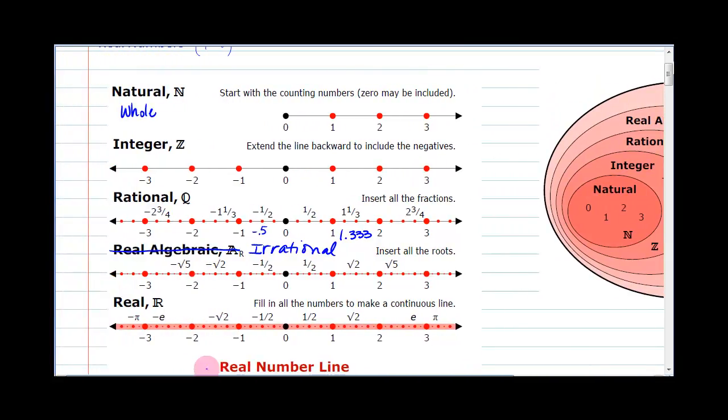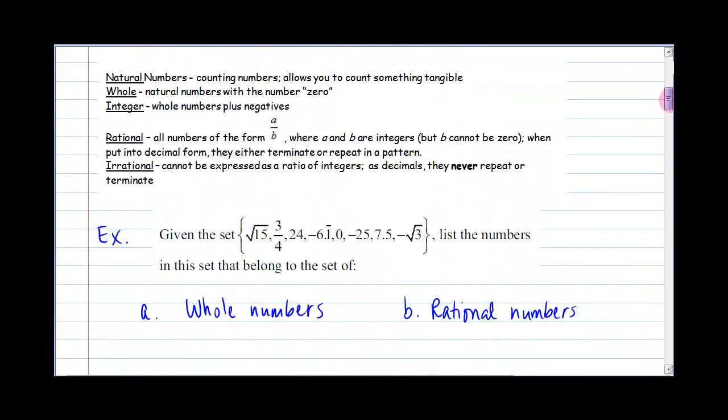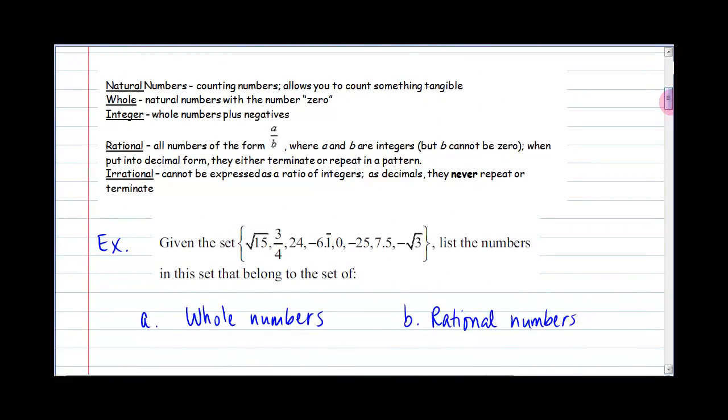So let's take a minute and try to pick out which numbers from this set of numbers belong to not only the whole numbers, but let's do that also for the rational numbers. Remember, the whole numbers were, and you can see I have some definitions up here, the natural numbers that include the number 0.